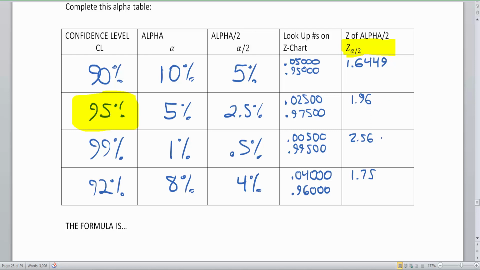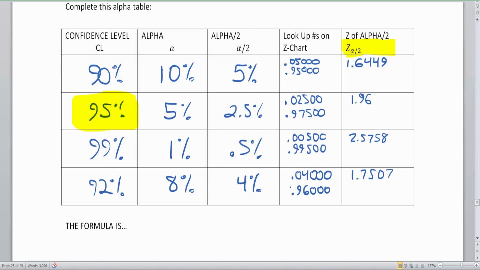This would be 2.5758, and this is going to be 1.7507. So please use these Z alpha divided by 2 numbers. And these are really the 4 that you're probably going to see on homework, but if you see other ones, use your Z chart to convert.